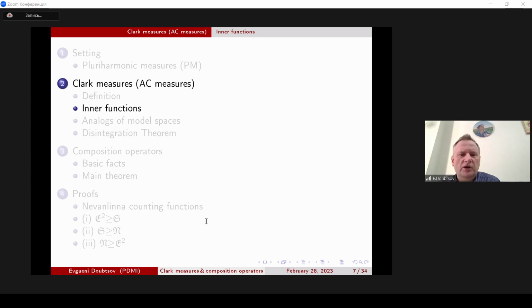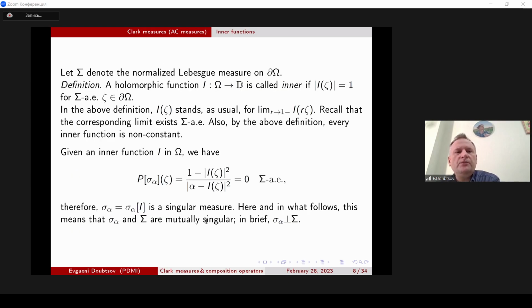So initially, the studies of these measures were motivated by the corresponding so-called model spaces, and such spaces are defined in terms of so-called inner functions. So let sigma capital denote the normalized Lebesgue measure on the boundary. Still on the domain omega, we consider a holomorphic function defined on this domain and mapping omega into the unit disk.